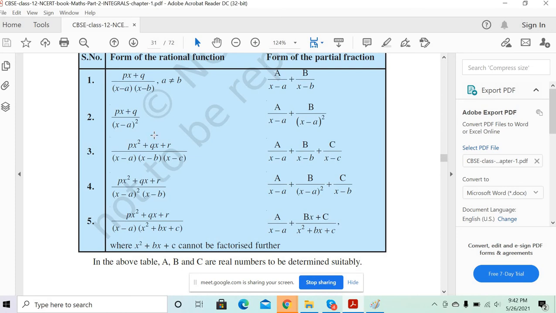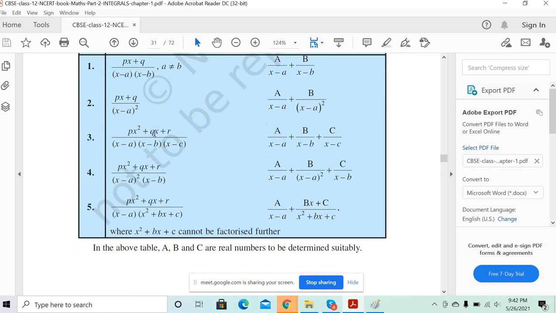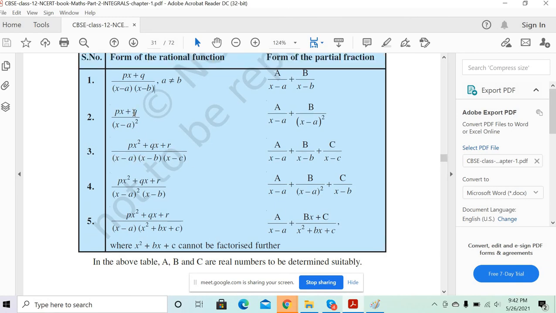Similarly, write down the third one. (px² + qx + r) / ((x − a)(x − b)(x − c)). Now look at here. Here we always need to apply the partial fraction. So always remember the degree of the denominator should be one more than the degree of the numerator. Here the degree of the denominator is 2, x into x will be x², and the numerator is 1 only.